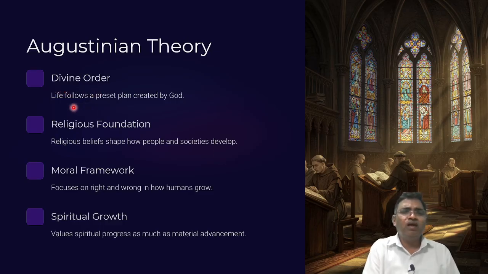Divine order: life follows a preset plan created by God. So this is the Augustine theory. It compares education with spiritual, religious, divine, or moral work. This is the economics of education related to the Augustinian theory.